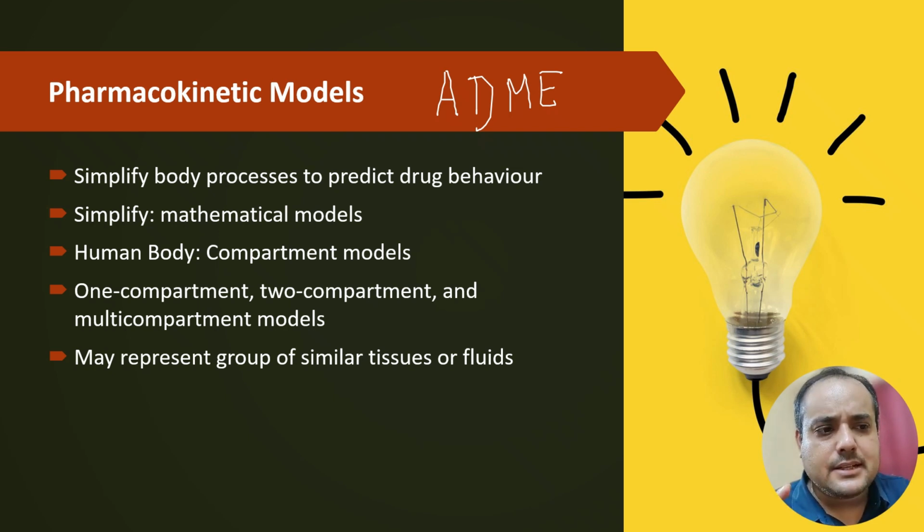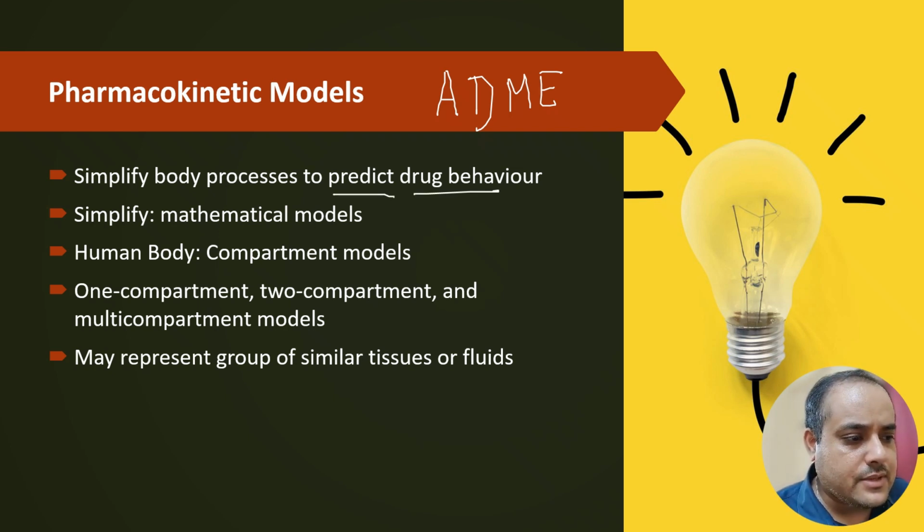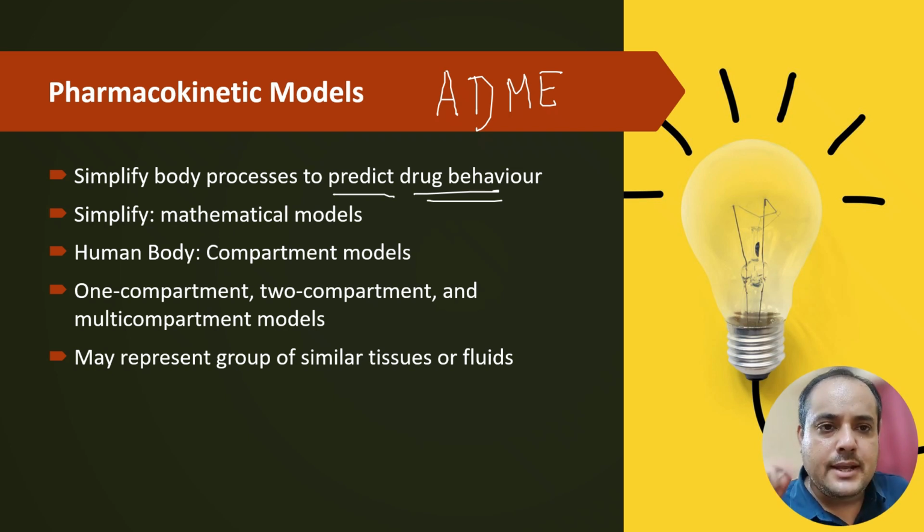So naturally the process of pharmacokinetics as such is very complicated. But we need to simplify it so that we can predict the behavior of the drug. So in order to simplify these complex processes, we have developed simple mathematical models.